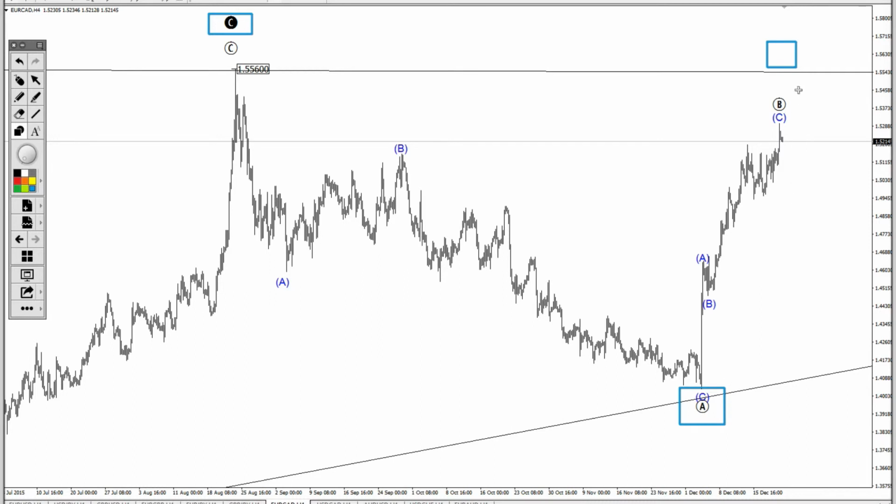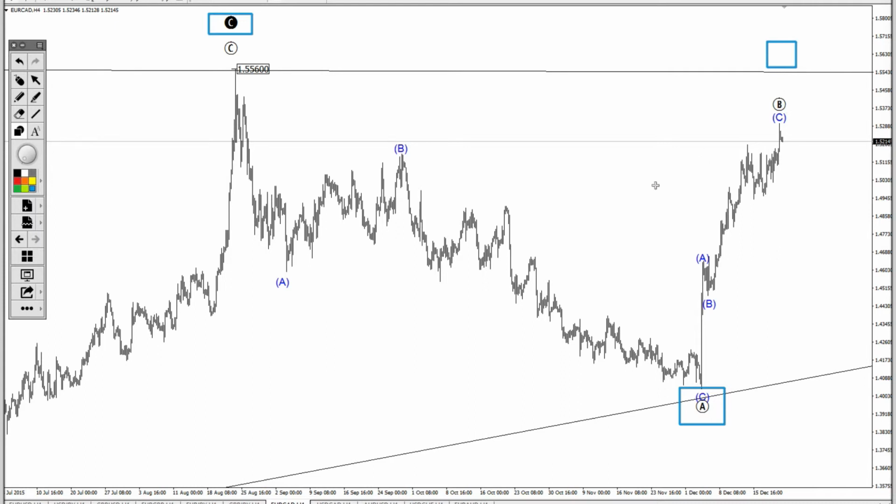And that would mean that the next larger move is to the downside, and we can expect then a move below the 140 support line, and one larger degree corrective phase would begin once we reach the upper part of this triangle.